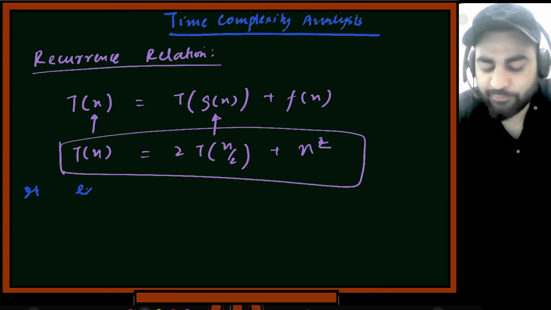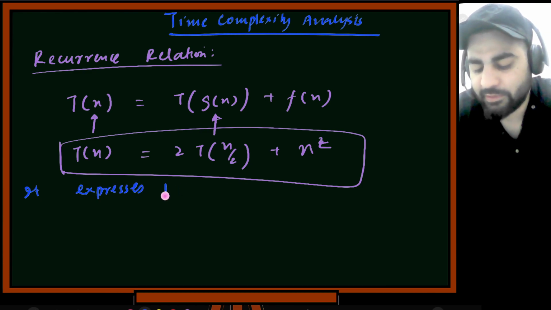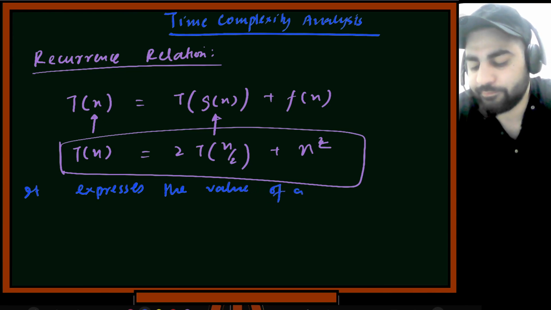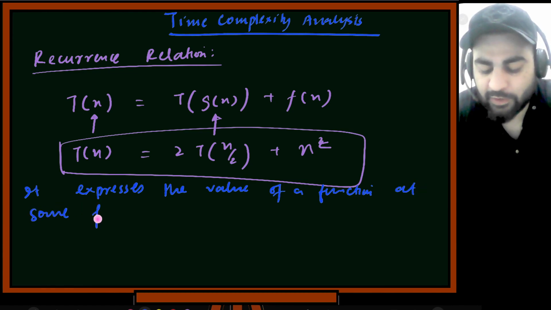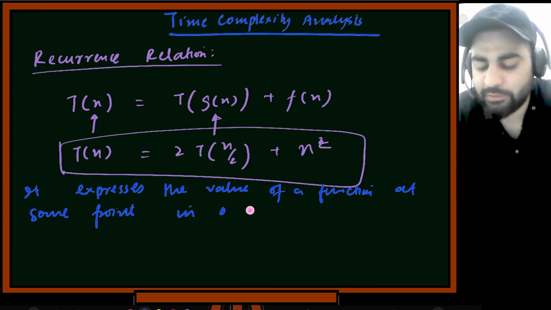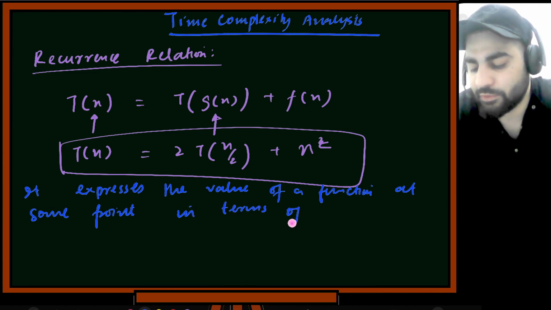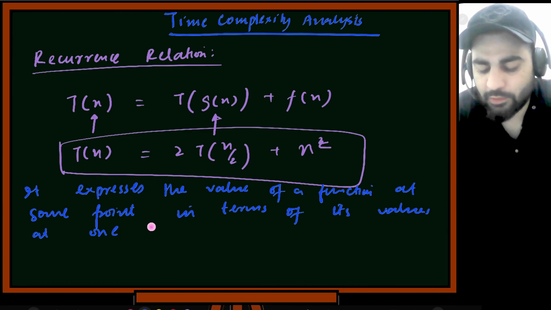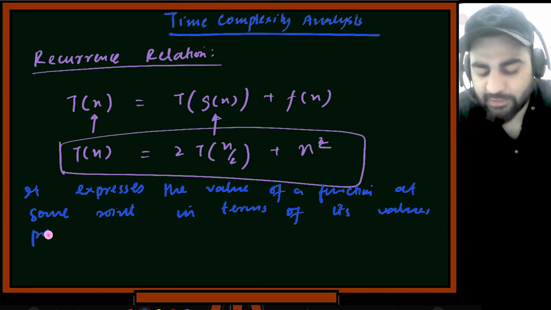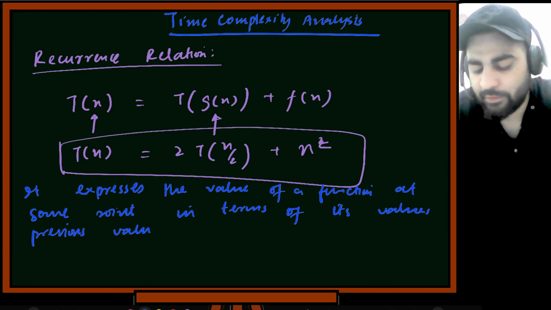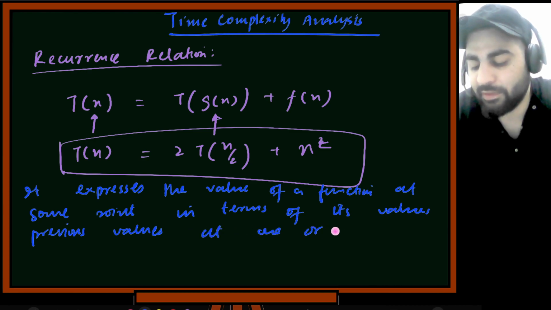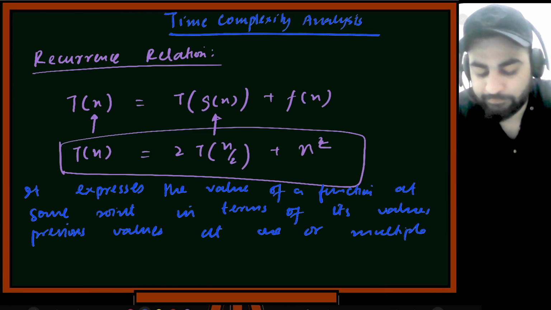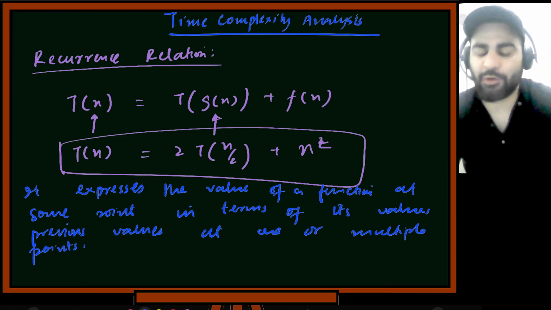It expresses the value of a function at some point in terms of its previous values at one or multiple points. Okay, this is sort of a vague definition.